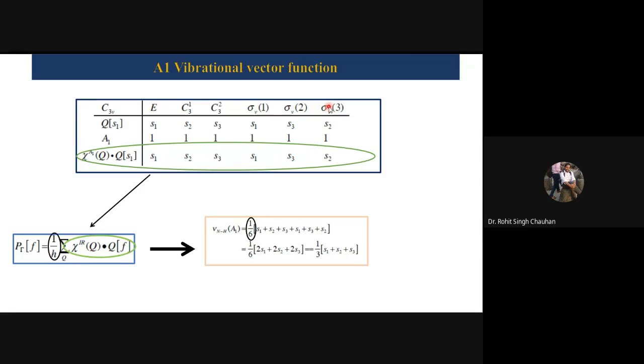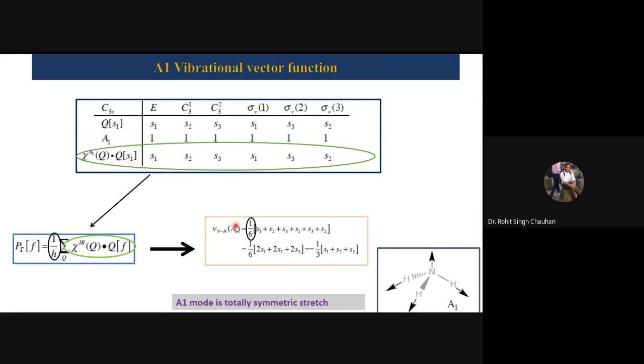So in that case it will be 1 by 6. If you solve this, 2 will be common, so 1 by 3, S1 plus S2 plus S3. Remember, this is the equation for A1. So this is totally symmetric stretching, if you see.